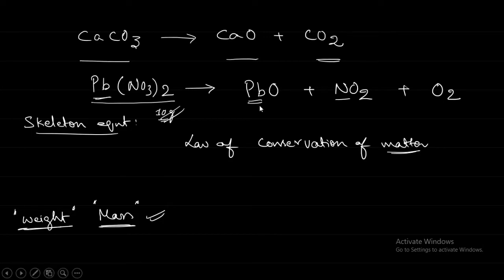So if we balance it, that is, if the number of atoms of these elements on the reactant side and product side are balanced, then we say it is the balanced equation. We will see how to balance the equation also.